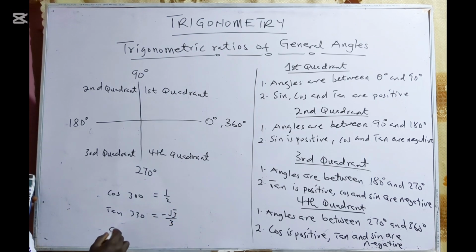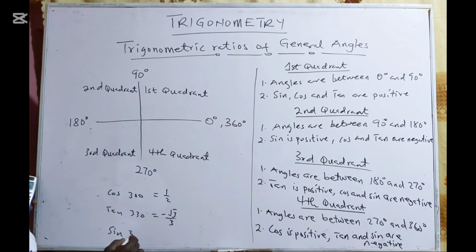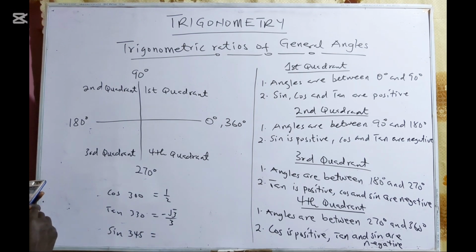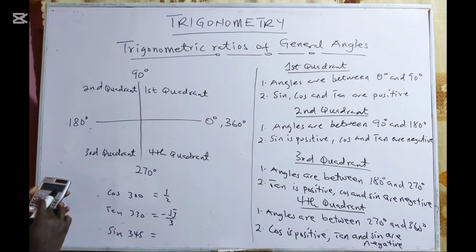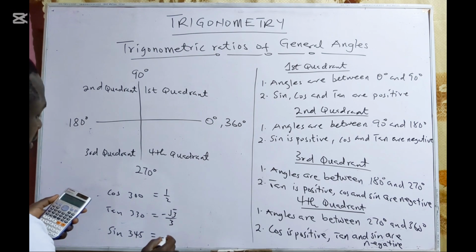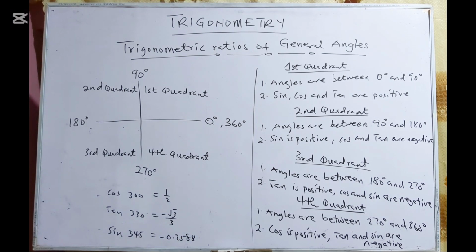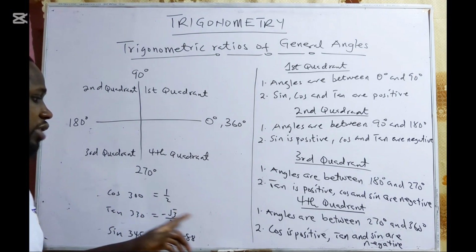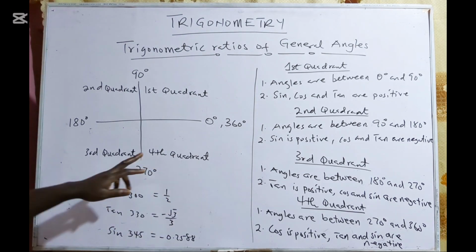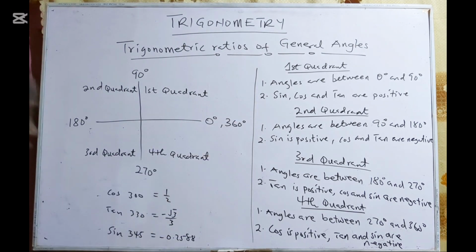And let's say I have sine 345. And let's see. Sine 345. It's minus 0.2588. You see? So only cos is giving me a positive value when the angles are between 270 and 360.